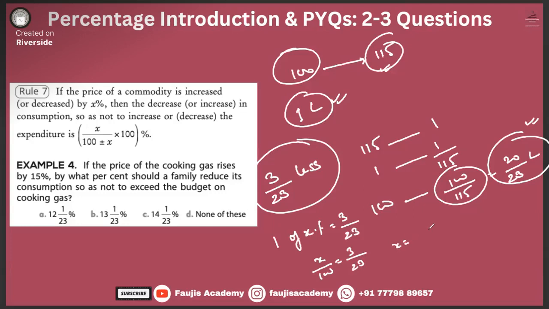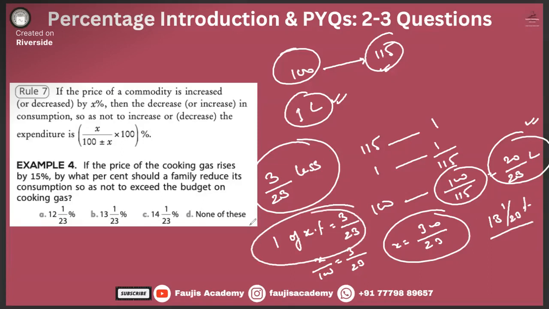That means X is equal to 300 by 23, which is the same 13 and 1 by 23%. Don't get frightened with all these numbers and percentages. It's all the same. Did you guys understand this equation? 1 of how much percentage is 3 by 23? It's logic. This is 3 by 23 liters less you are able to buy.